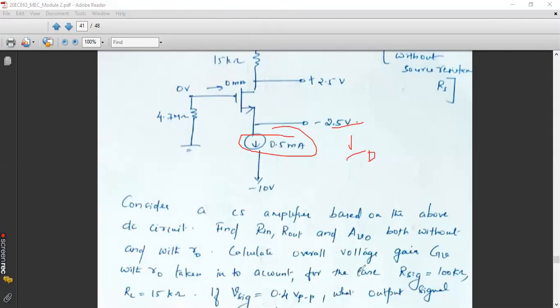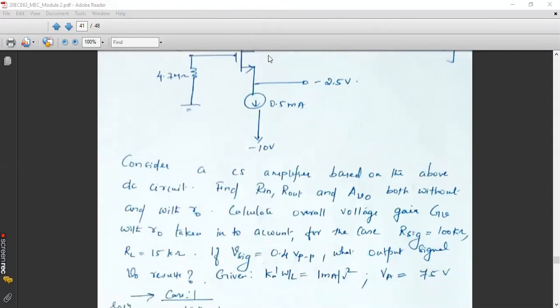If you know the value of ID and VA, then easily you can find small letter R0, which is your internal resistance. So we have to find these three parameters, R in, R out, and AV0, for both with and without R0 cases. Clear?